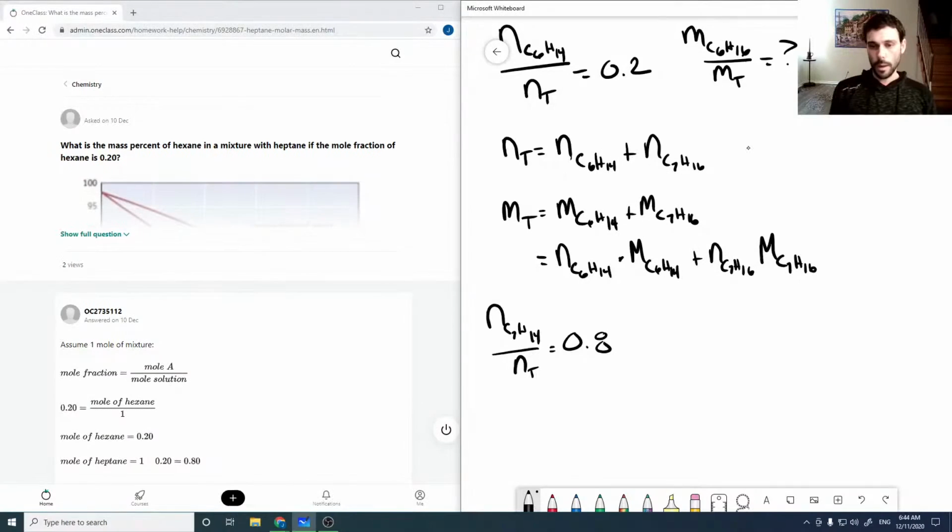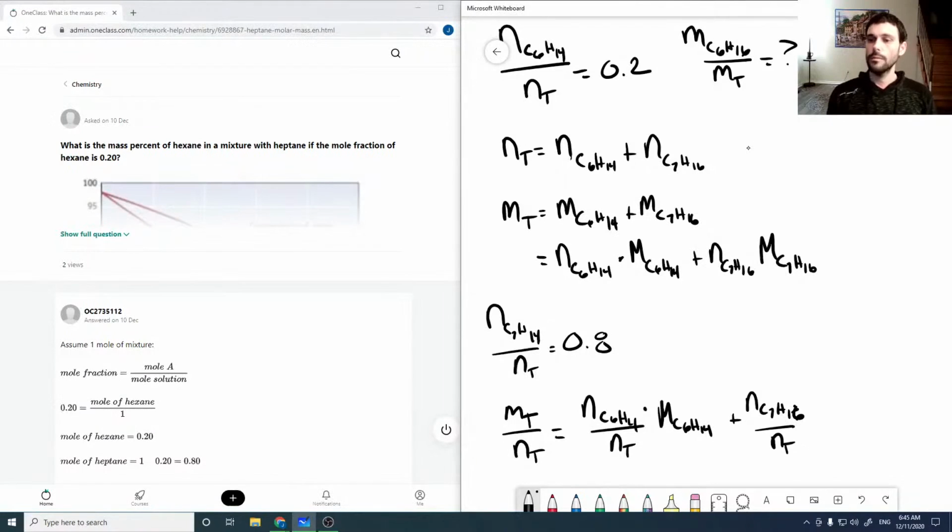So our mass total over our N total is then N of C6H14 over N total times M of C6H14, plus N of heptane over N total times our molar mass for heptane.